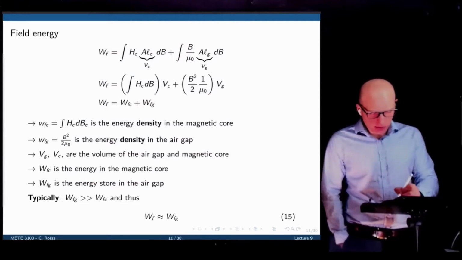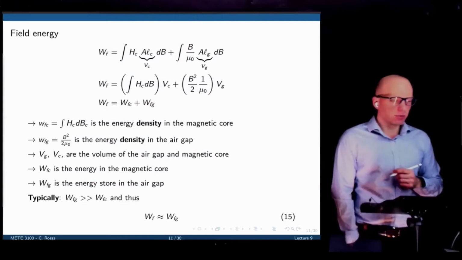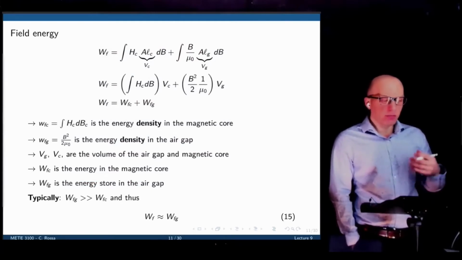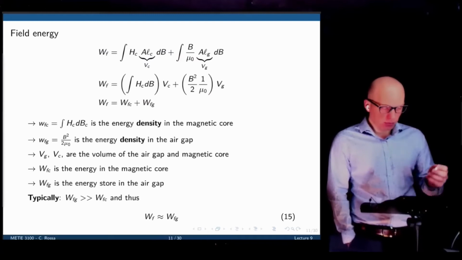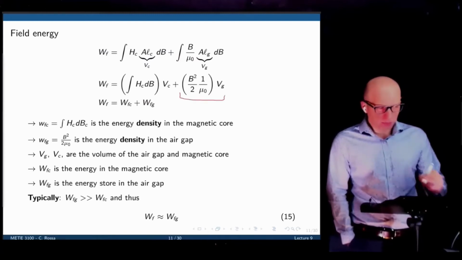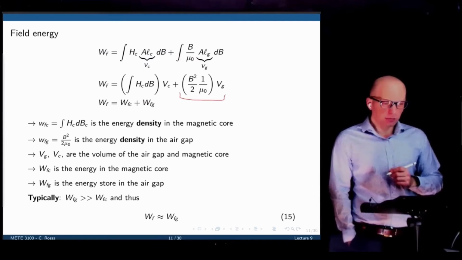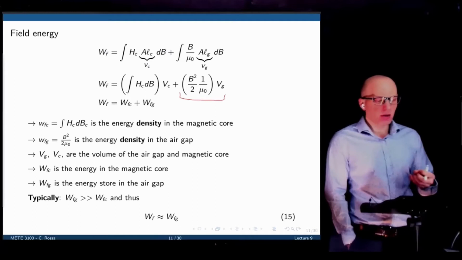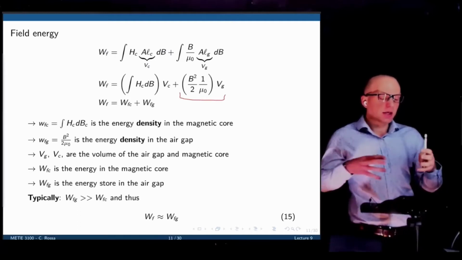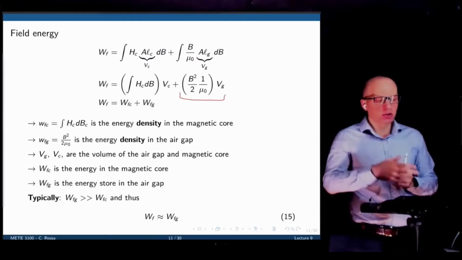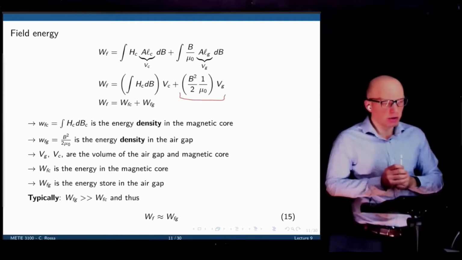And typically, if we design our system correctly, the permeability of the core will be much greater than that of the air gap. So most of the energy will actually be stored in the air gap. Most of the energy is given to the air gap because it takes much more energy to magnetize the air gap than it takes to magnetize the core, assuming that the core permeability is greater than the air gap.